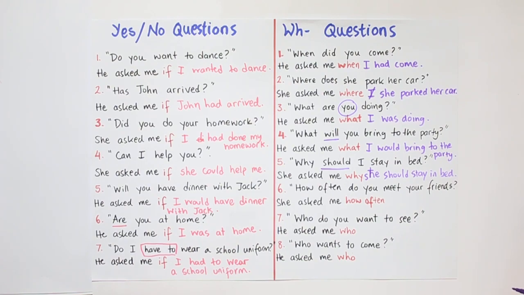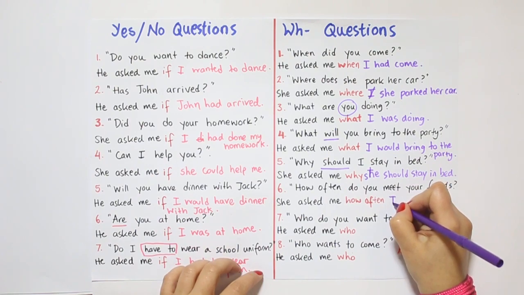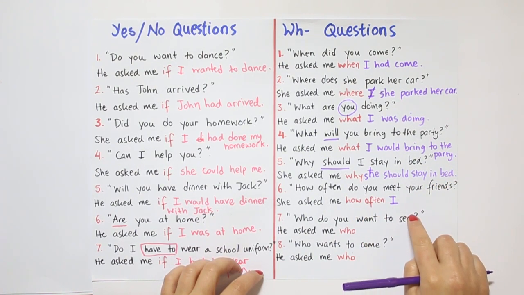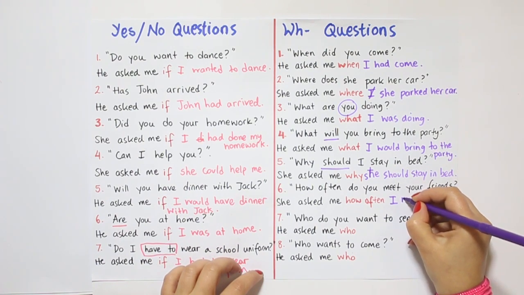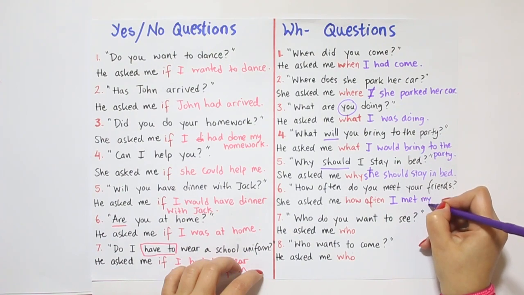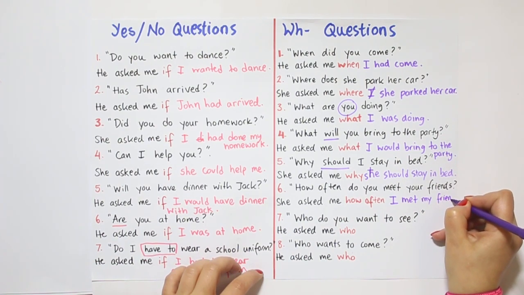How often do you meet your friends? She asked me how often, well, this is in present simple, so present simple becomes past tense. So I'm going to use verb to. How often I met my friends.